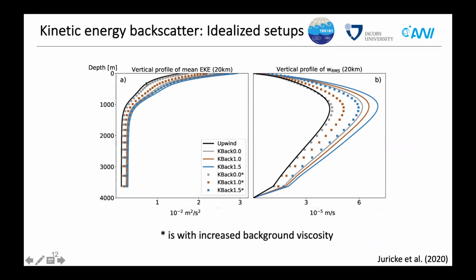And the black line here, that's the classical upwind viscosity that we used before. And then as you move to the right, you change first the amount of backscatter that you perform with this kinematic backscatter. When it says 0, it's basically a harmonic backscatter. Then this is biharmonic, and this with 0 is basically still viscous. 1 is also still viscous, and only at 1.5 it starts to actually effectively backscatter energy into the flow.